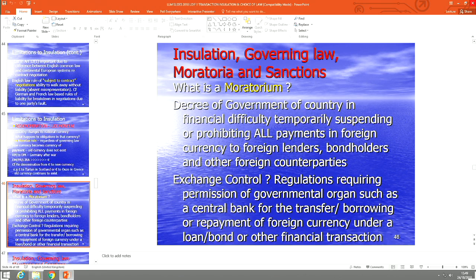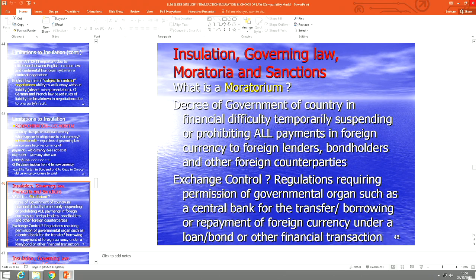Now, many people think this is an exchange control regulation. In one sense, it is. An exchange control regulation, which many countries have, whether it's China, whether it's India, whether it's Brazil, is a regulation which says you may not move currencies out of this country as and when you please.